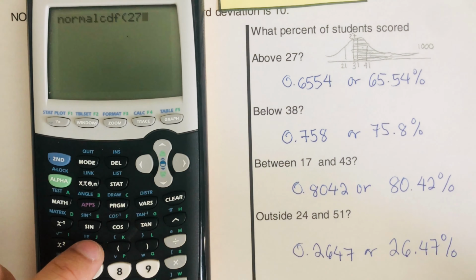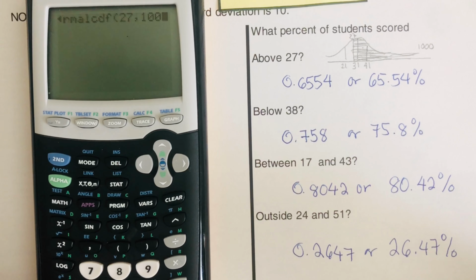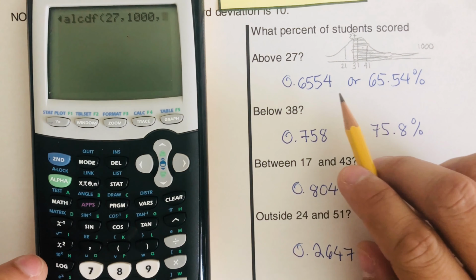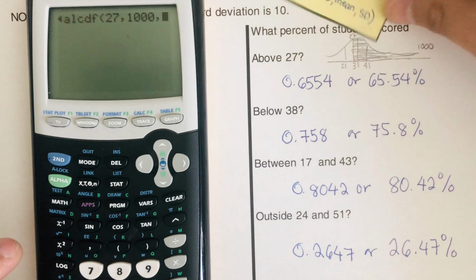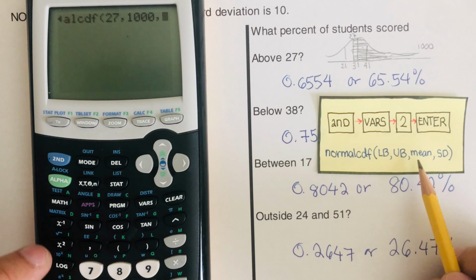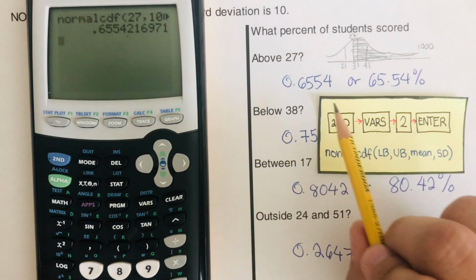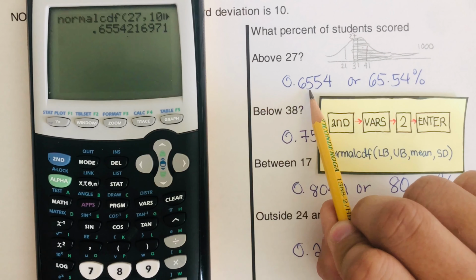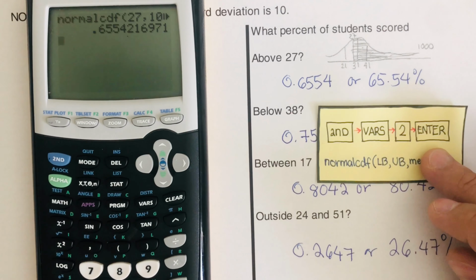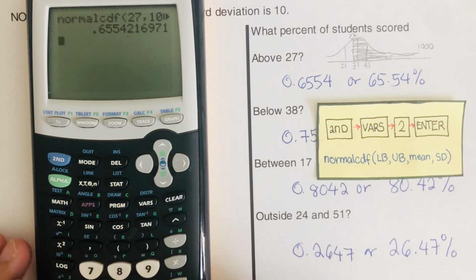I will put a comma and then 1000, and then a comma, and the next one we put in is the mean, which is 31, then a comma, and then the standard deviation, which was 10. We close the parentheses and we get the same value, 0.554. So that is how we use the calculator.